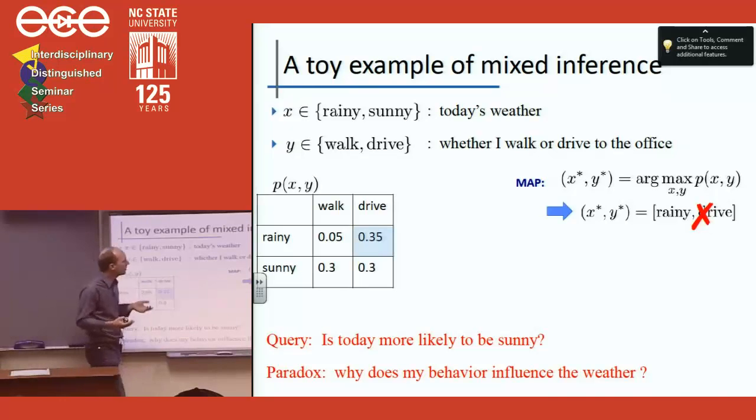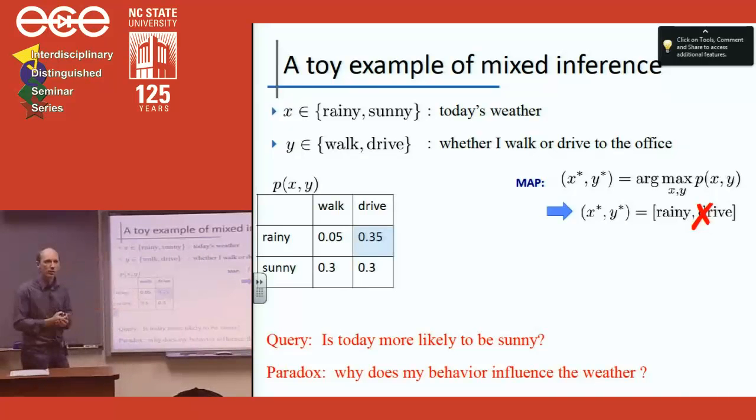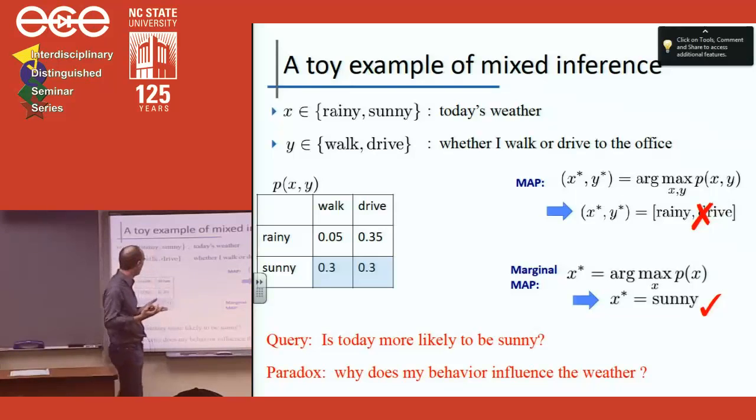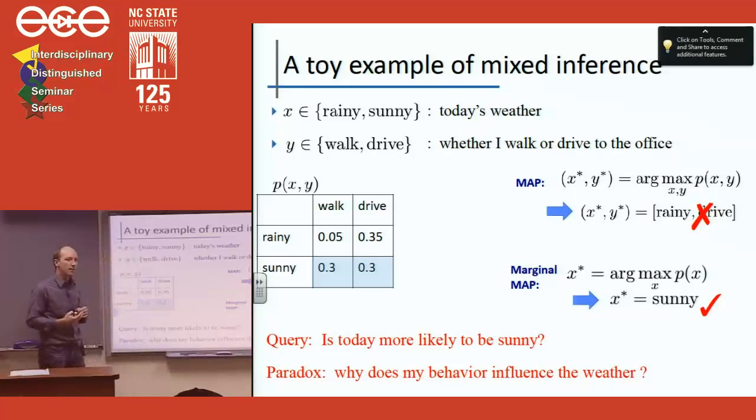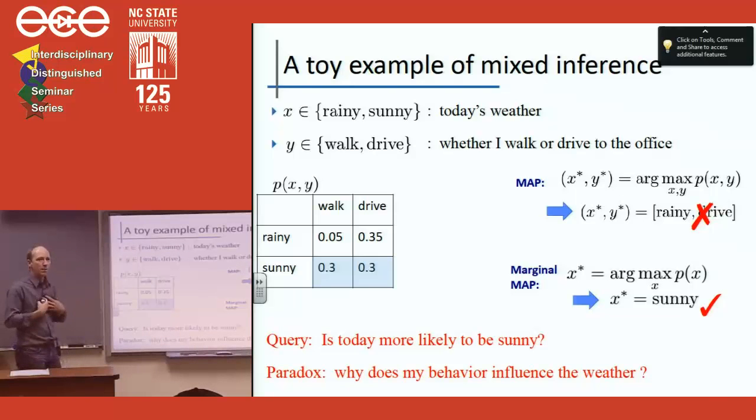And the common usage of that would then be to just throw away the variables I'm not interested in. So I'd predict that it's rainy. But this is absurd, right? The correct prediction should be that it's sunny. And in fact, it's more than absurd, because the prediction that I make using a standard MAP, finding the most likely joint configuration, depends on my policy.